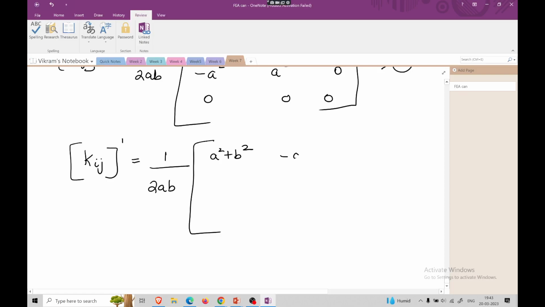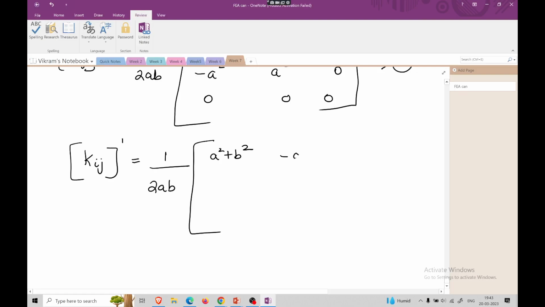And similarly this will be minus b square, 0, b square. Correct? So this is the element stiffness matrix for element 1.